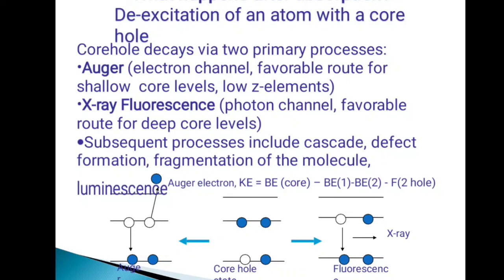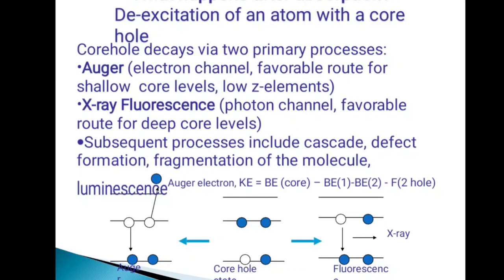Subsequent processes include cascade effect formation, fragmentation of the molecules, and also luminescence. The center picture shows the core hole state, the left side is Auger, and the right side is fluorescence. In Auger, an electron fills the core hole.